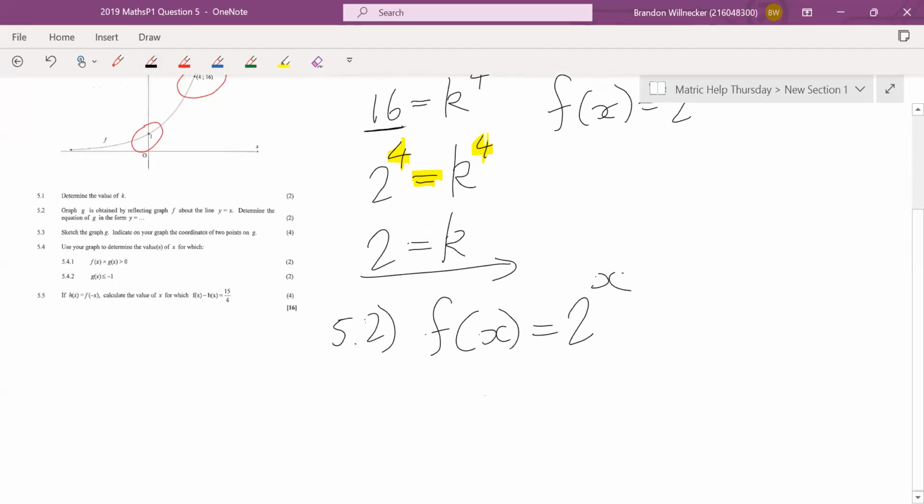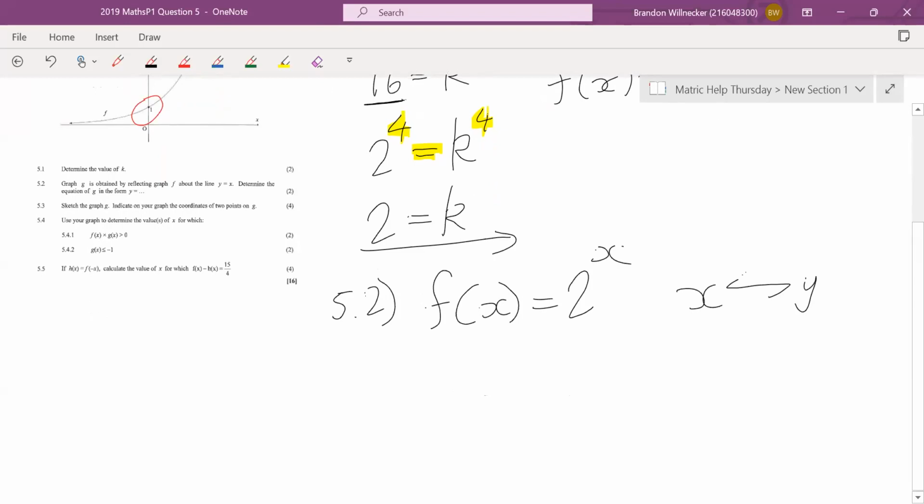We are reflecting about y equals x. So if we reflect about y equals x, then x becomes y and y becomes x. In other words, we swap x and y. Same procedure as finding the inverse, by the way.